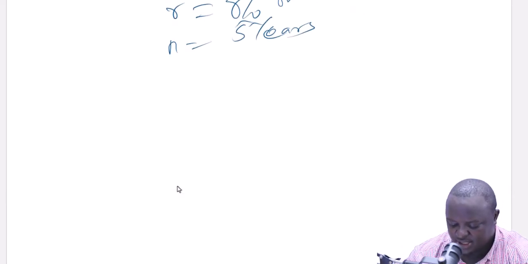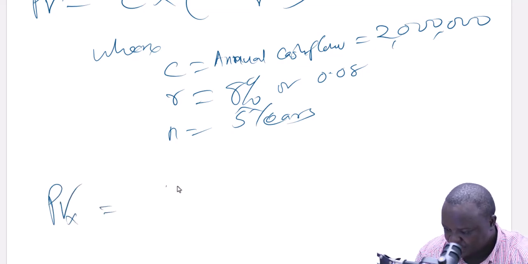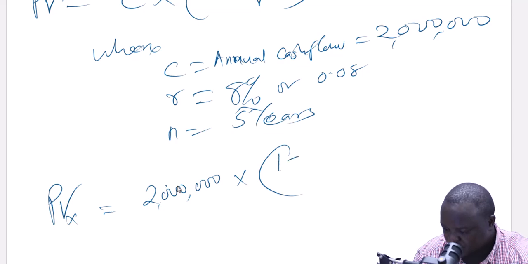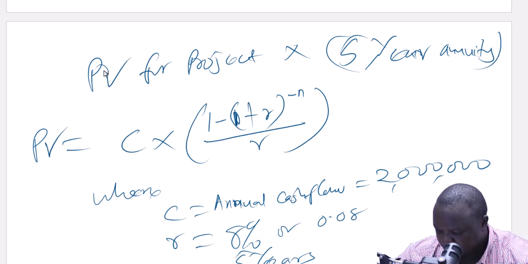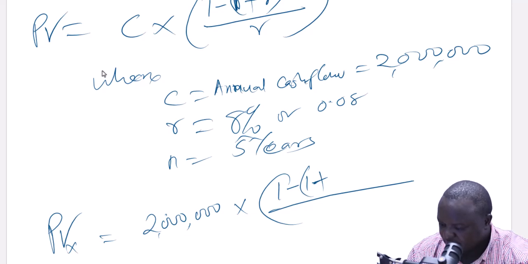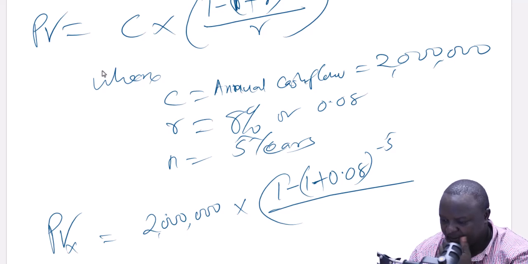So if we apply that formula, PV for X is 2 million times brackets 1 minus, this is supposed to be plus, not minus, 1 plus the rate 0.08, and we are talking about the duration to be 5 years, so minus 5, over 0.08.